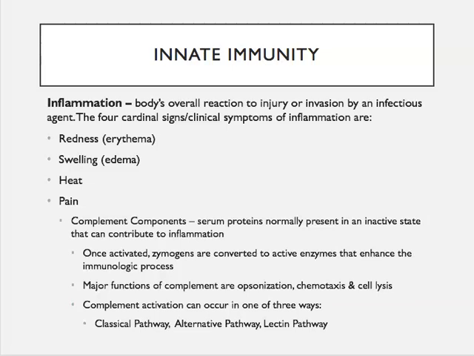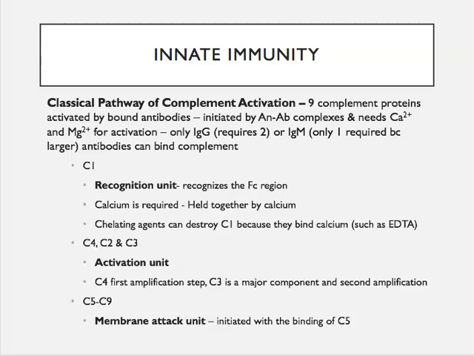Complement activation can occur in a few different ways: through the classical pathway, the alternate pathway, or the lectin pathway. The first one, the classical pathway, has 9 complement proteins that get activated by bound antibodies.